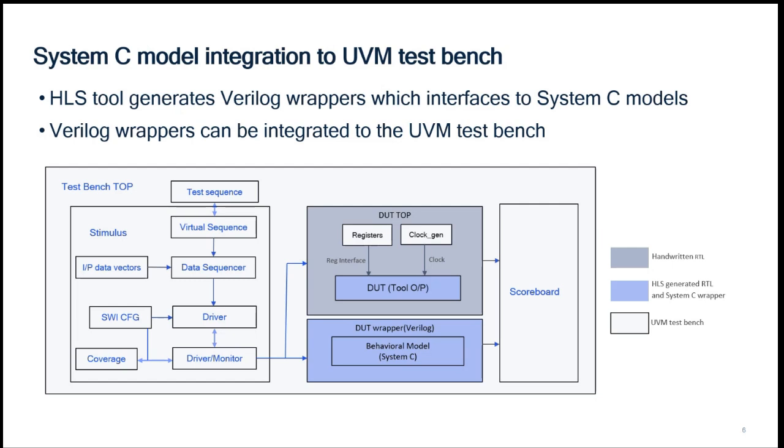The gray box around it is handwritten, where we connect the clock and registers into the design to complete the functionality. Most HLS tools give a SystemC wrapper, shown in the blue box at the bottom, which can be plugged directly into the test bench. That means the generated RTL can be verified using the SystemC model, which also comes from the tool itself. We can easily integrate it and get the data checking happening.